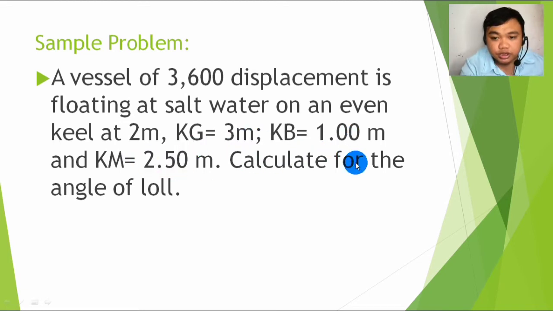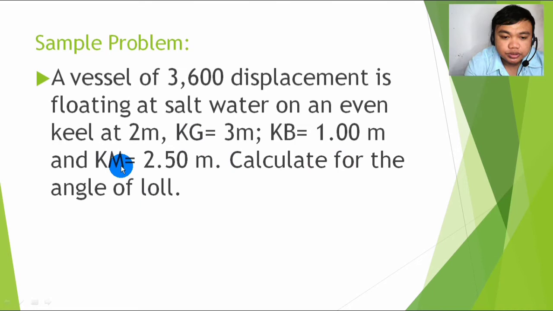Then we could calculate for the angle of Loll. Okay, so why is it that it becomes the angle of Loll? Because it is a negative GM. Because the angle of Loll is caused by a negative GM.